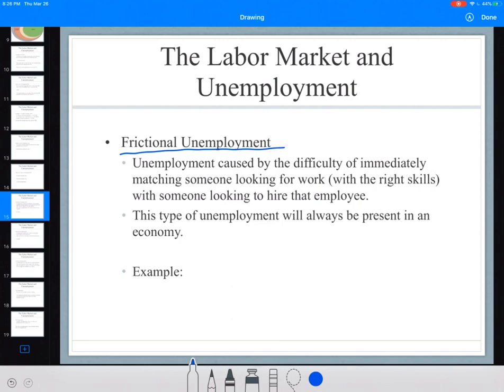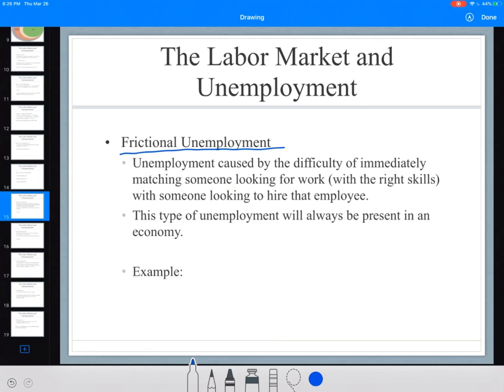It takes time for someone who wants to find a job or maybe wants to switch jobs to find that new employer, right? It doesn't happen instantaneously, right? You're not sitting on your couch one day and you think, boy, I'd really like to work at Chase Bank, and then, shazam, I'm working at Chase Bank.